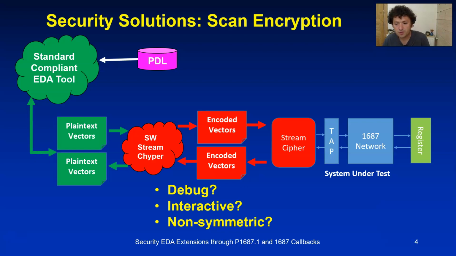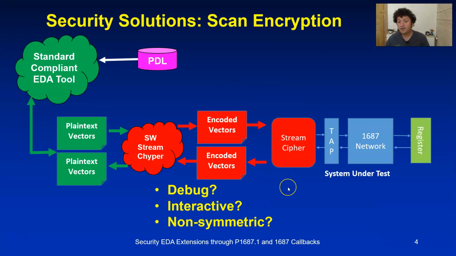One is scan encryption. The basic idea is that if you have a system under test that is in a non-secure environment, you don't want to expose data directly on the stream, but you take your vectors that are generated by your standard compliant EDA tool and you pass them through some encryption phase so that the data that is exchanged is hidden.